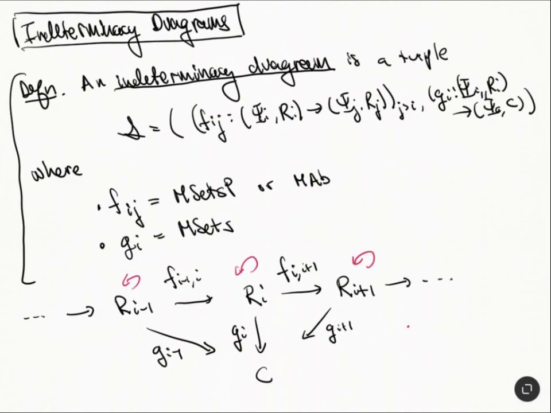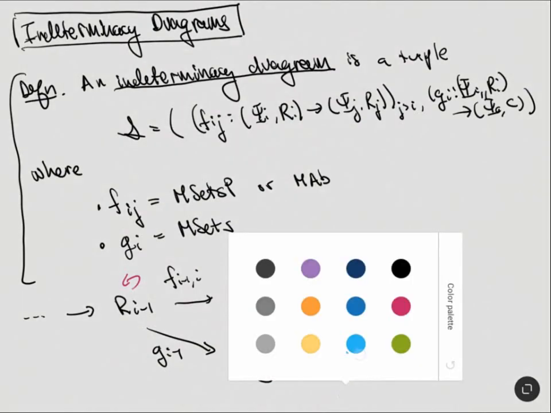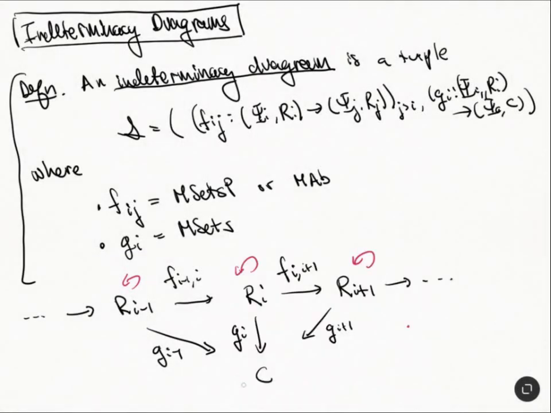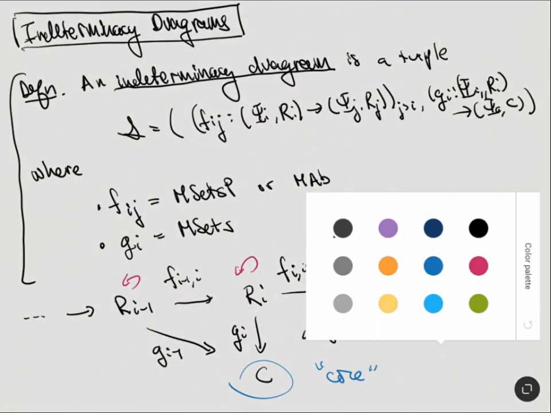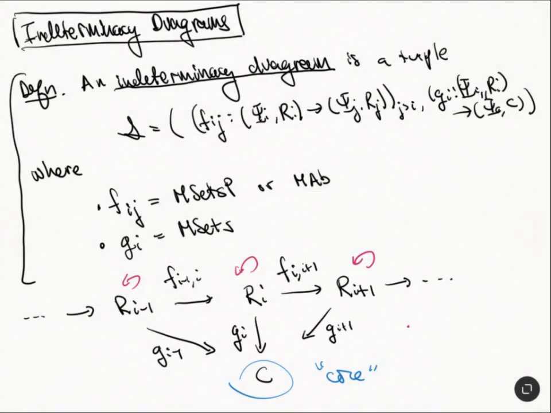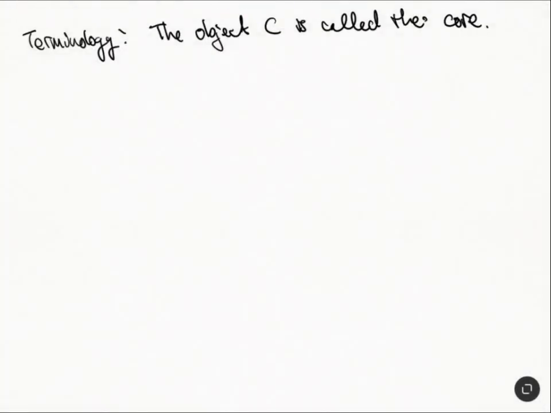So this is what this thing is here. This is what Mochizuki calls the core, although he doesn't define an indeterminacy diagram; I think this notion is implicit. I don't know what he thinks. But anyway, we'll refer to this object C as the core.